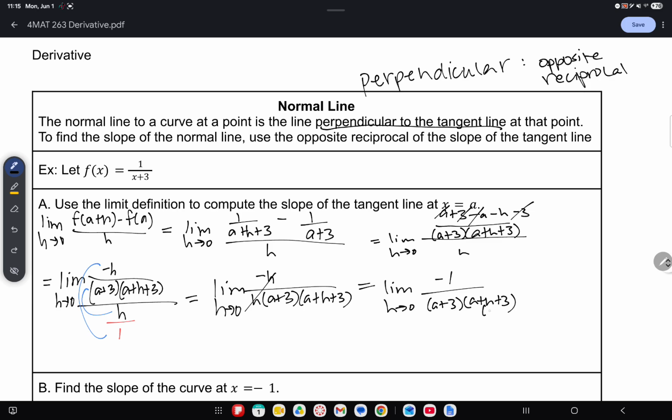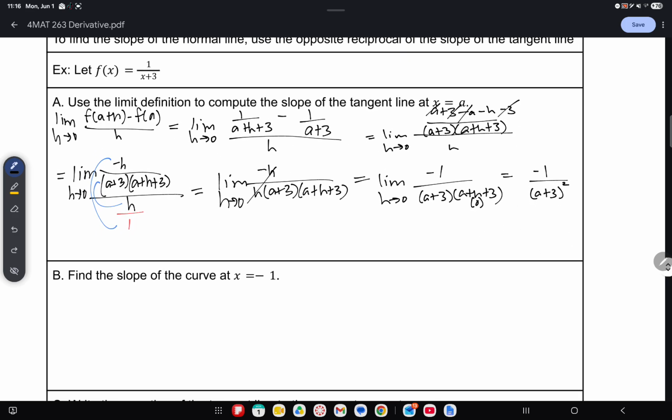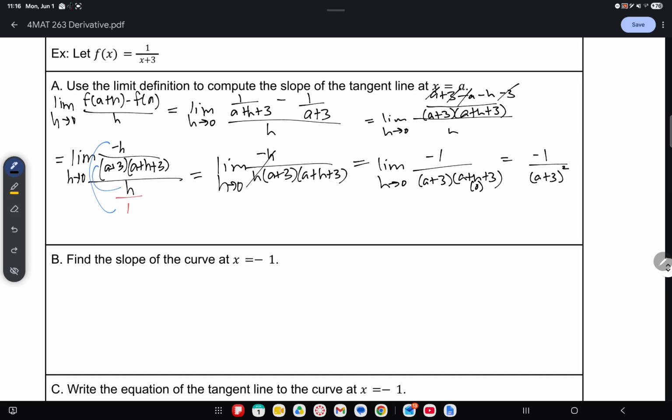Then I can do that direct substitution for a final answer of negative 1 over a plus 3 times a plus 3. So let's just make that a plus 3 squared. So that's the slope at any point a.